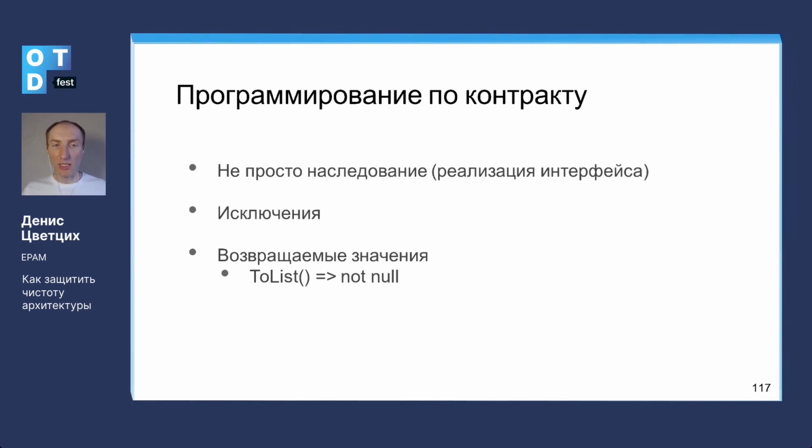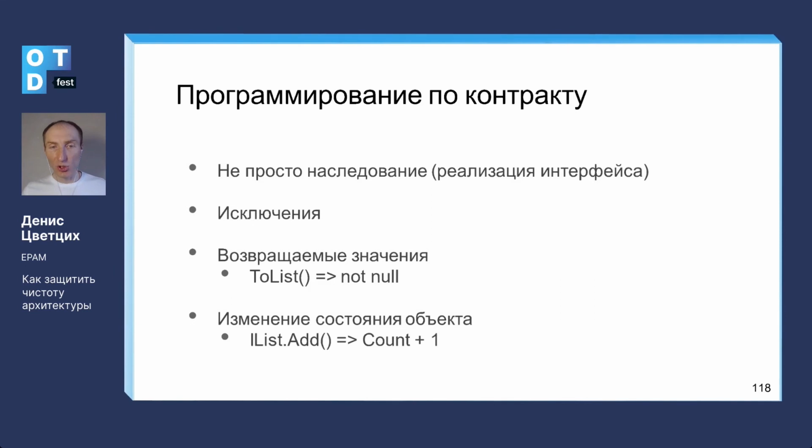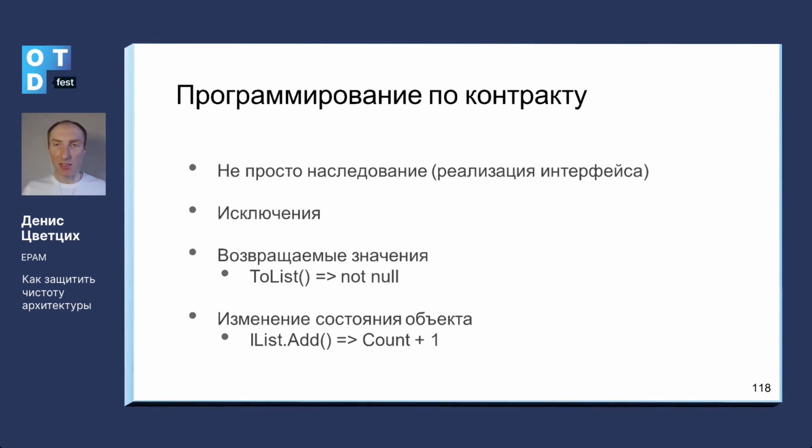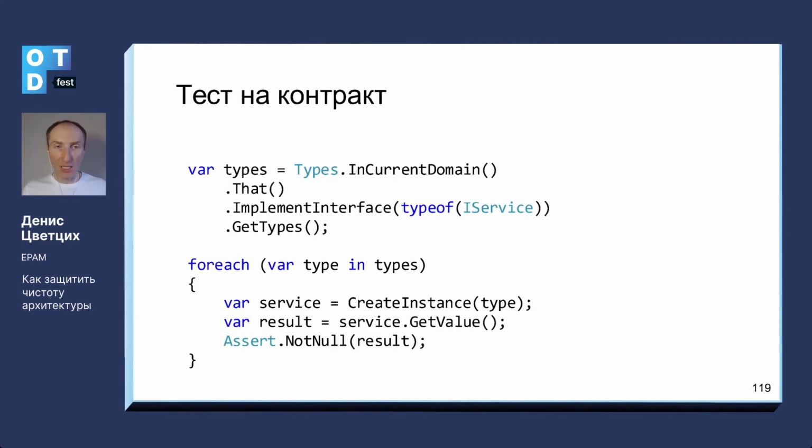And our return values should be the same. For example, if there is a ToList method, its value should not be null, and of course there should be similar methods measuring the internal state correspondingly. If it has the IList.Add method, then it should increase the count by 1.